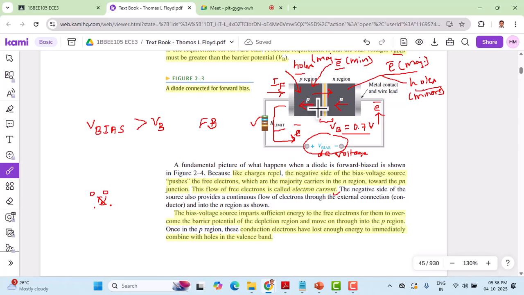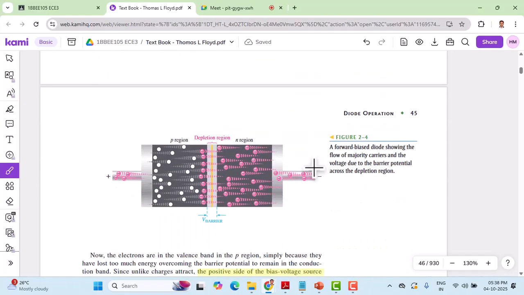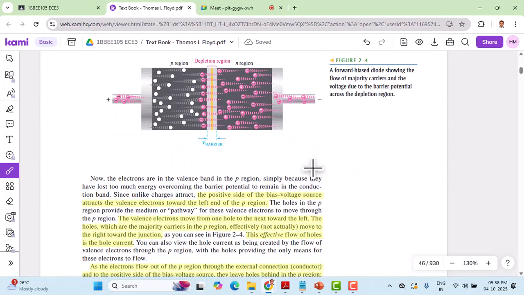So electrons lose energy when they move from the N region to the P region, and the attraction force pulls them to the positive terminal of a battery, resulting in a current called the forward current. That is the operation of a PN junction in forward bias.